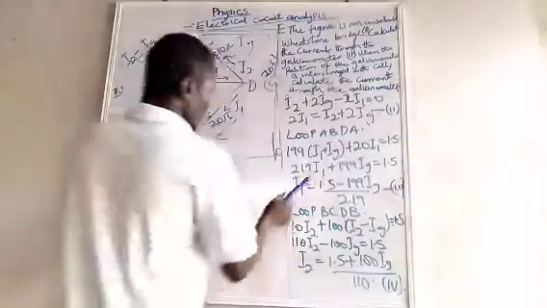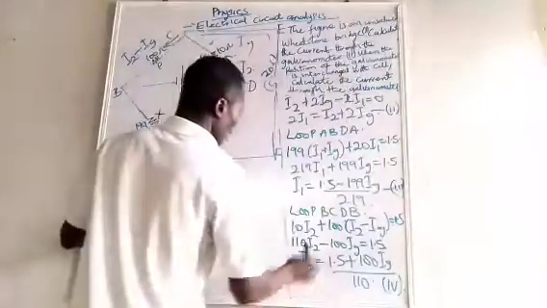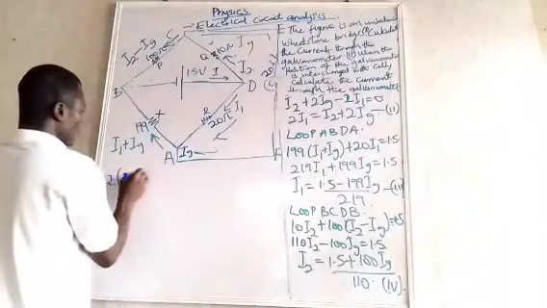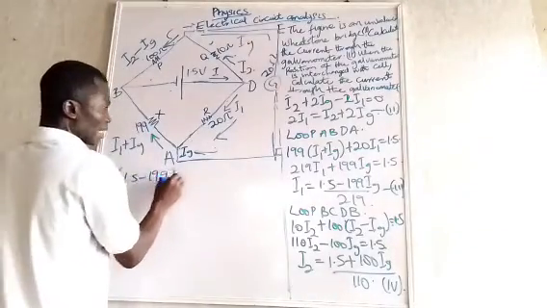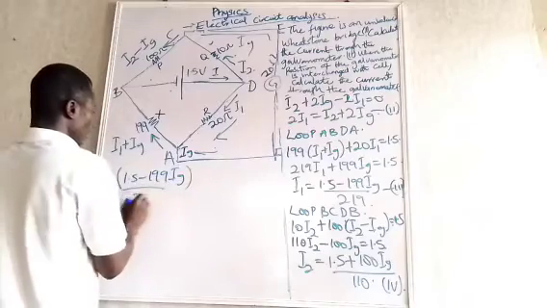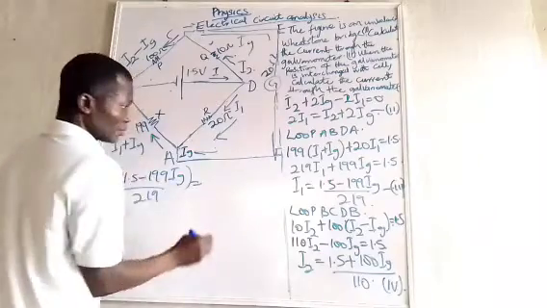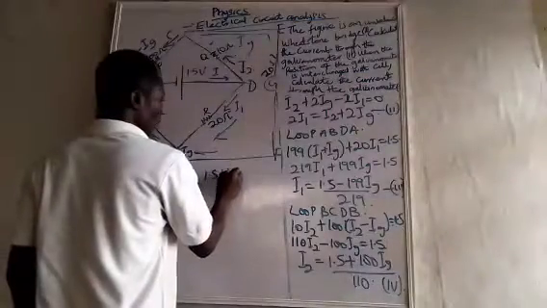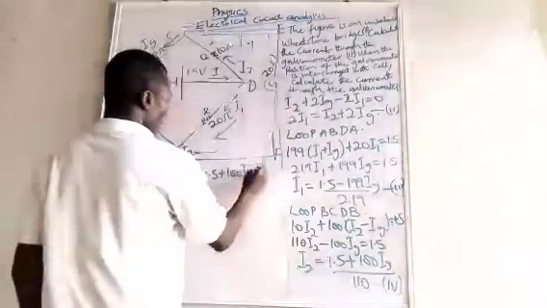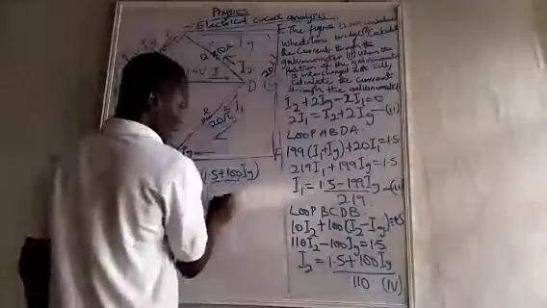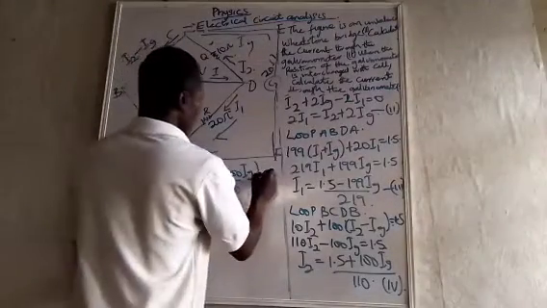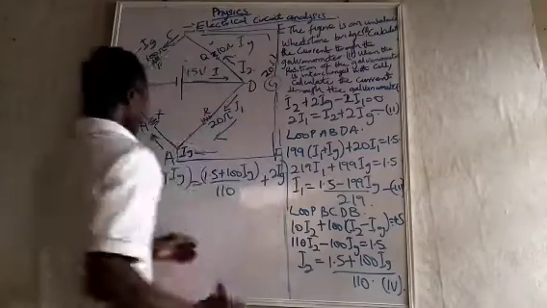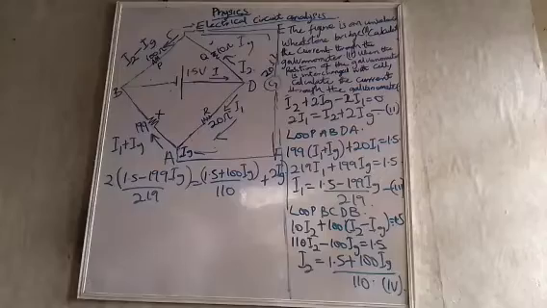Now let me substitute this one and this one in this equation. So I have 2 into 1.5 minus 199 IG over 219 is equal to I2, which is 1.5 plus 100 IG over 110, plus 2 IG.